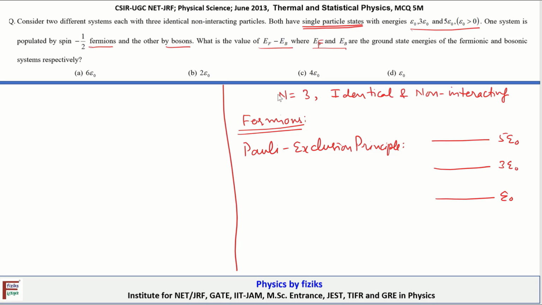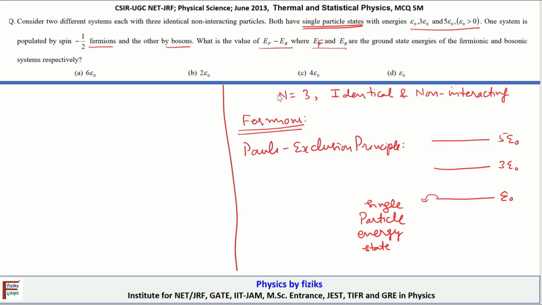But since these are single particle energy states, at the max we can only accommodate one particle here if it is a fermionic system.